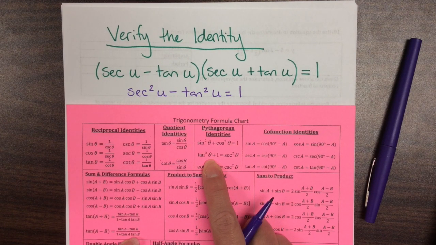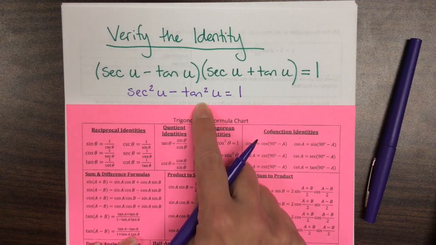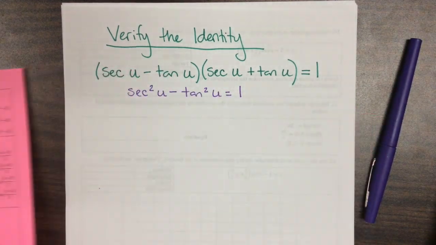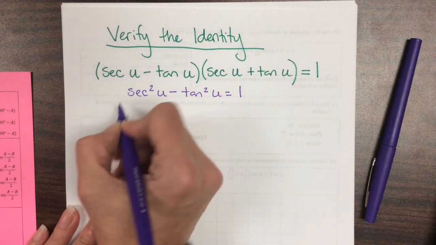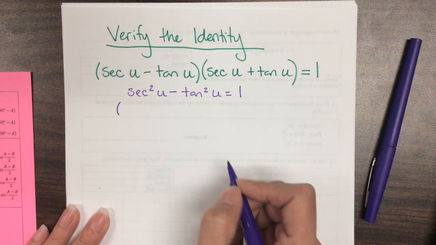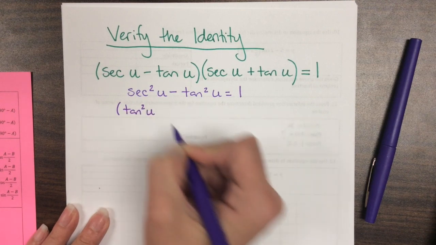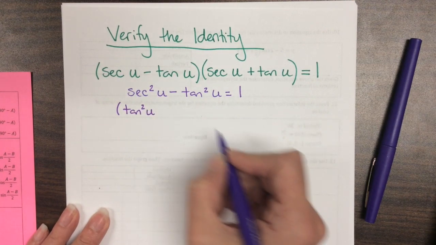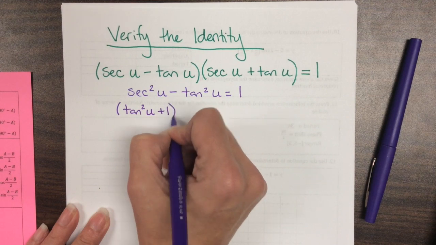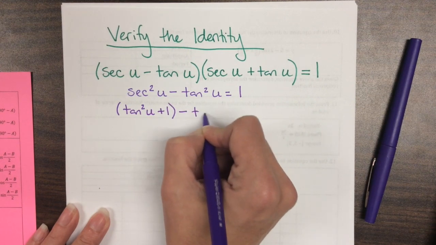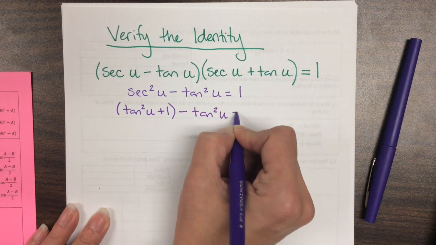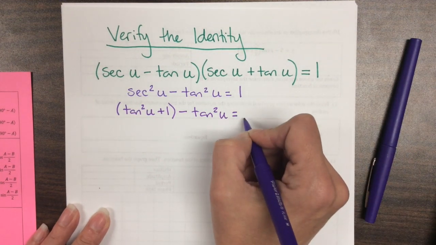So let's try that, because then we'll have everything in terms of tangent. So I'm going to replace this guy right here with what it is equal to, which is tangent squared. I'm going to use the variable u, and then it's plus 1, and then minus tangent squared of u equals, we can go ahead and write 1.